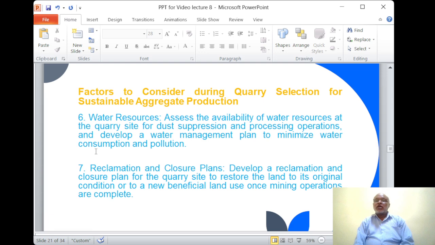The next is reclamation and closure plans. Develop a reclamation and closure plan for the quarry site to restore the land to its original condition or to a new beneficial land use once mining operations are complete.